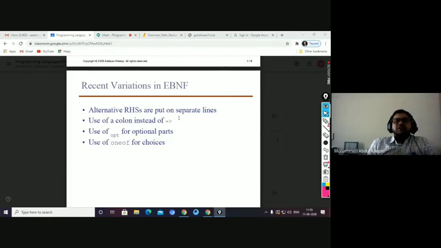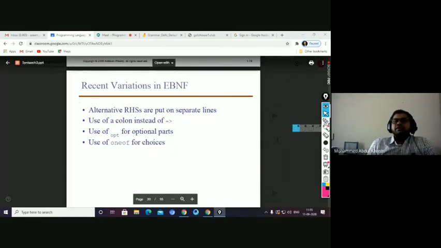When we were deriving, we were generally using this particular arrow with two double lines. Okay, but in recent EBNF, instead of this, we'll be using a colon. It means when you are deriving the statement A, or say ID and all kind of things, you say colon, right? Colon A plus B, like that, right?